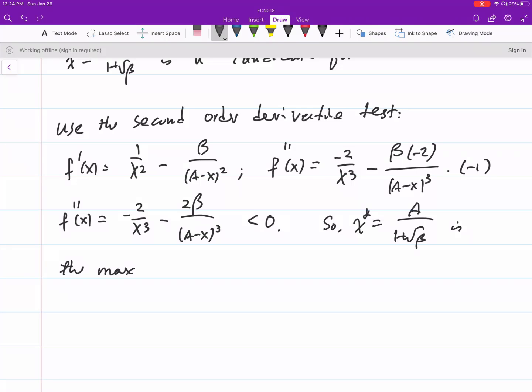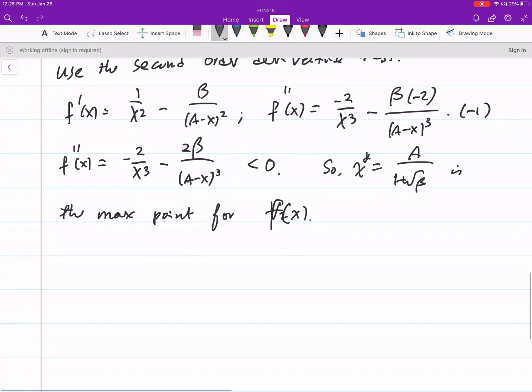It is the maximum point for the value V2 of a, for just f of x. Okay. So once we find x star, then we can find V2.